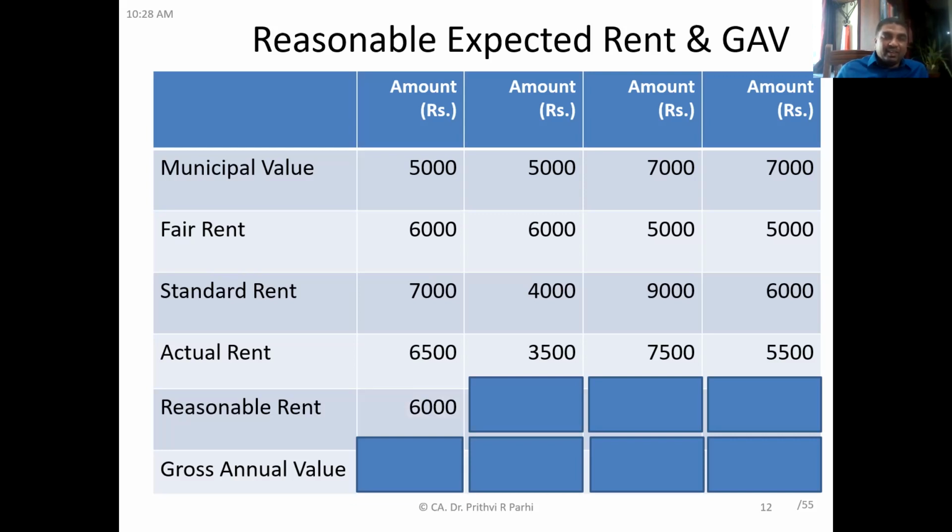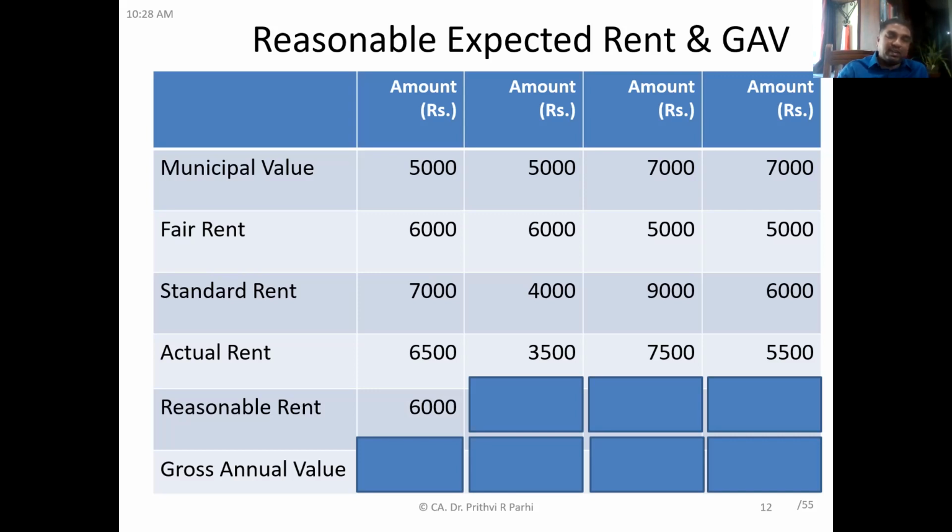Now, if reasonable rent is this much, what is your gross annual value? Or we'll do one thing. First, in all the situations, we'll be computing reasonable rent. Second case: municipal value 5,000, fair rent 6,000, standard rent 4,000, actual rent 3,500.